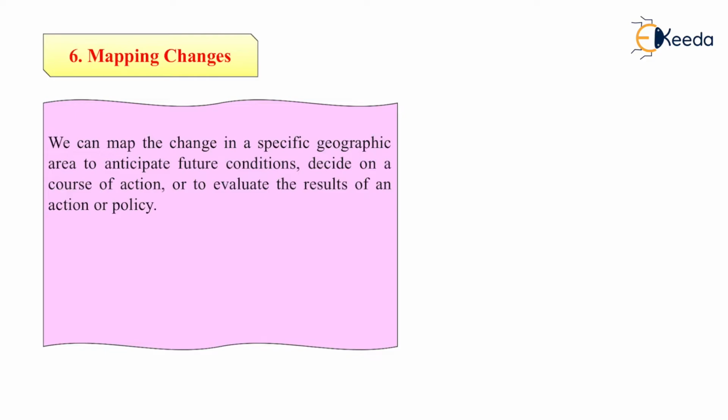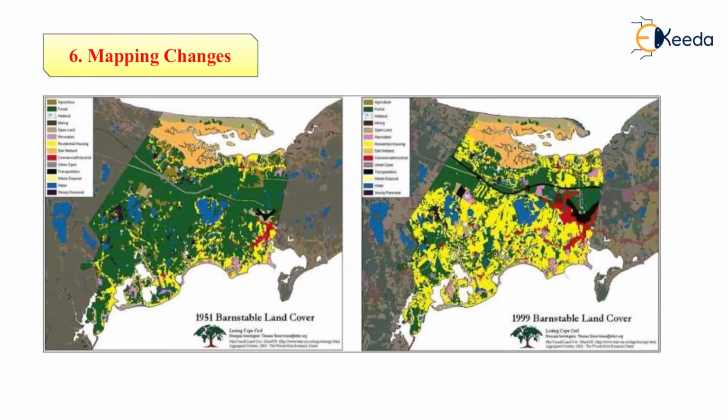And mapping change: we can map the change in a specific geographical area to anticipate future conditions, decide on a course of action, or evaluate the result of an action or policy. For example, we have two maps of the same city at an interval of 50 years.